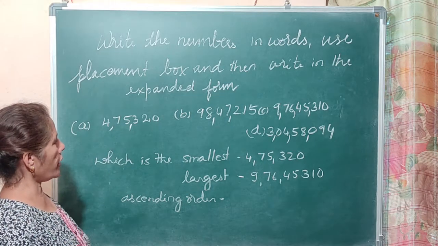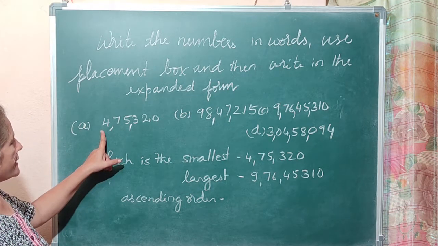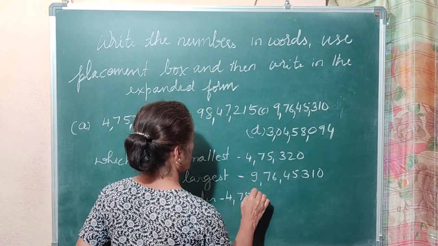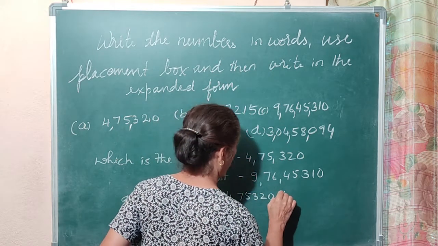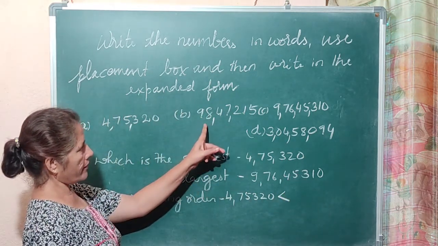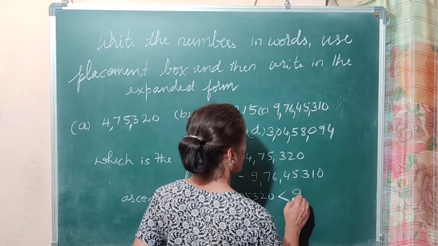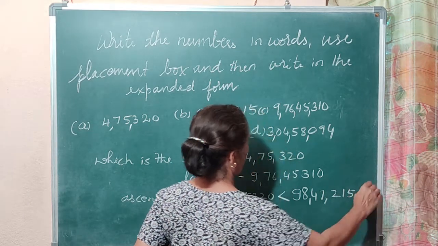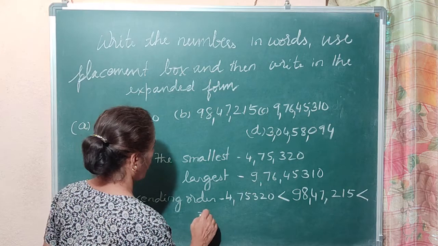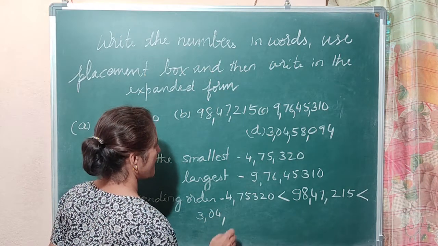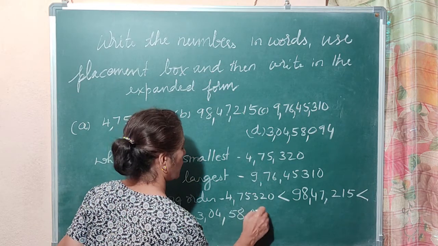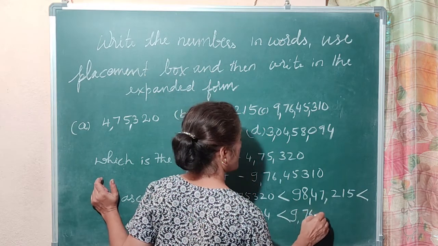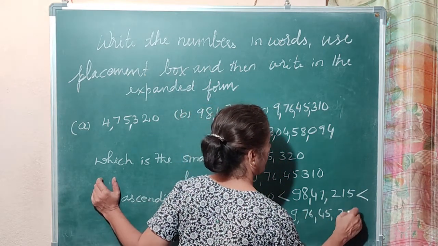So, how do you write down? 4,75,320 is smaller than 98,47,215, which is smaller than 3 crore 4,50,094, which is smaller than 9 crore 76 lakhs 45,310.